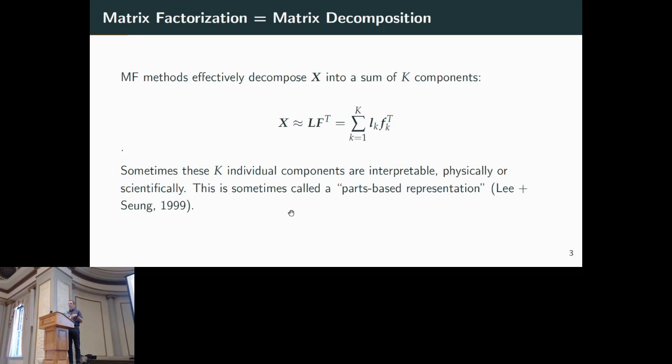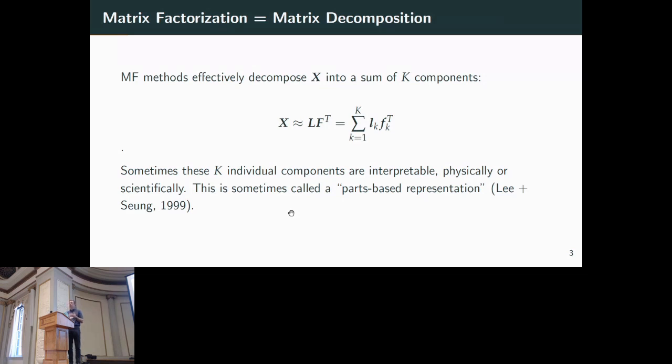And sometimes people have different ways of describing this idea that the parts are interpretable. I've sometimes called it interpretable matrix decomposition, but I found that didn't resonate with people, what that would mean. So I've switched to usually using this term parts-based representation, which was introduced by Lee and Seung.